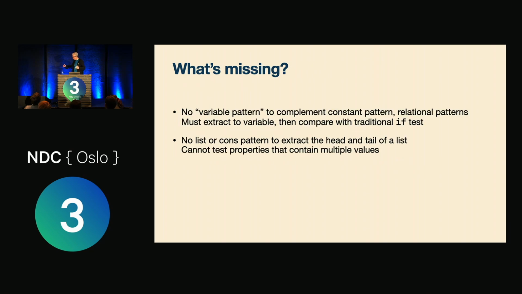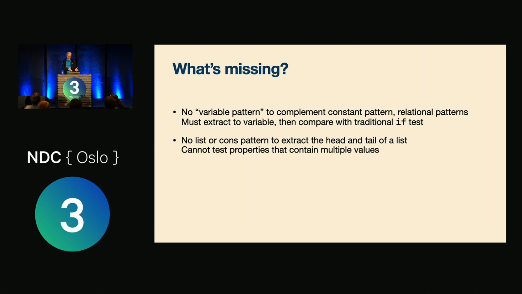Right, so that's a quick run through all the different patterns we've got that are in there, and what's kind of missing there. As I said, with a constant pattern, we can do a check to see whether something is a constant value. Our relational patterns use that, then they compare against constant values, but we can't compare against a variable itself. This is the case across a number of different languages.